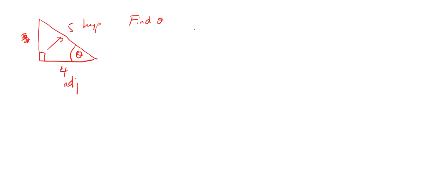So therefore we're going to be using cosine. So we write cos theta is equal to adjacent over hypotenuse. So cos theta is equal to adjacent, which is 4, over the hypotenuse, which is 5.